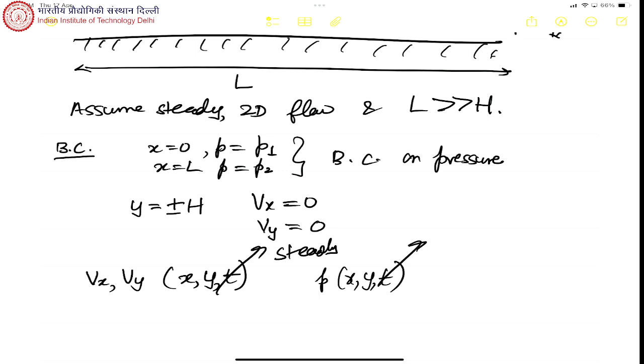What can we say about Vx and Vy as functions of x? Will they be functions of x or not? So we can also put in a reasoning.